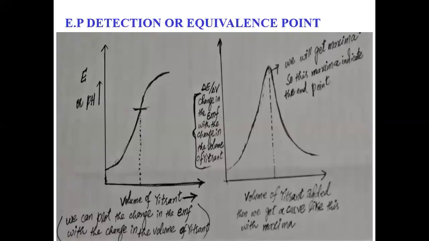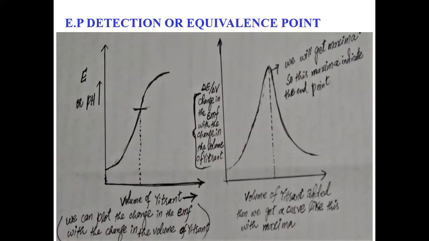Next point, the other point, that is end point detection or equivalence point detection. There are two different methods by which we can determine the end point of the titration.